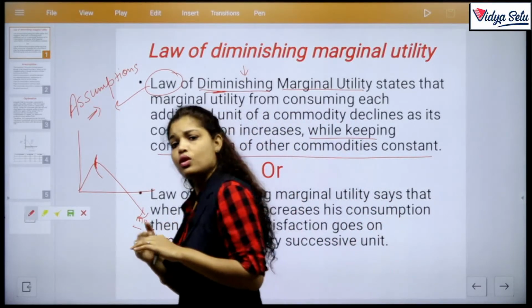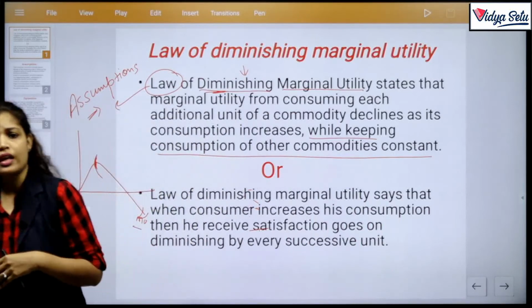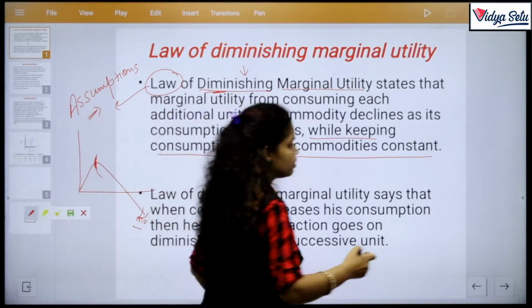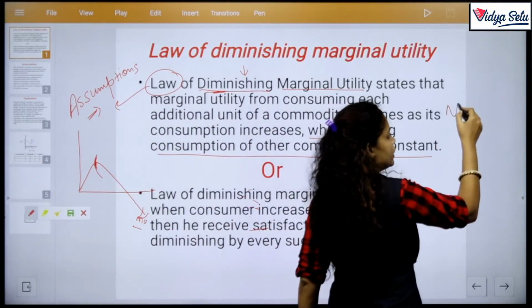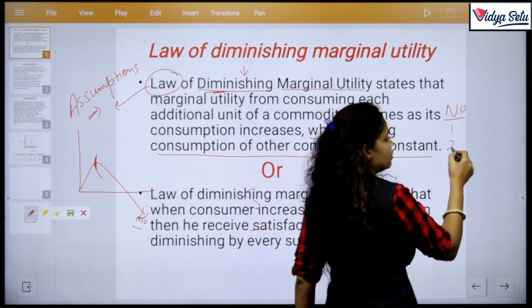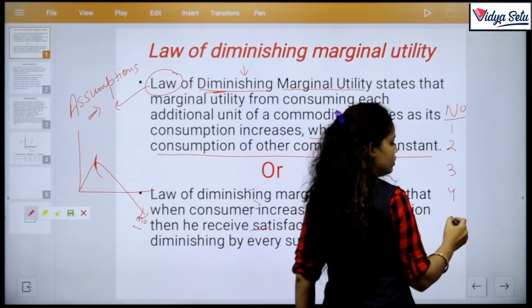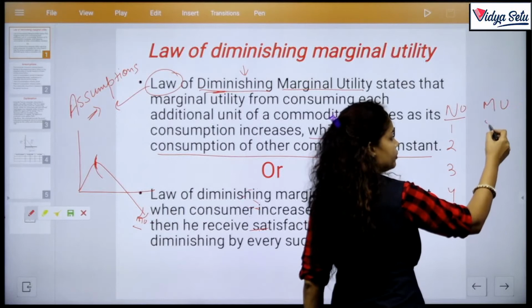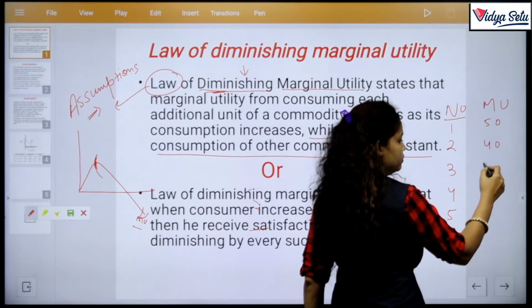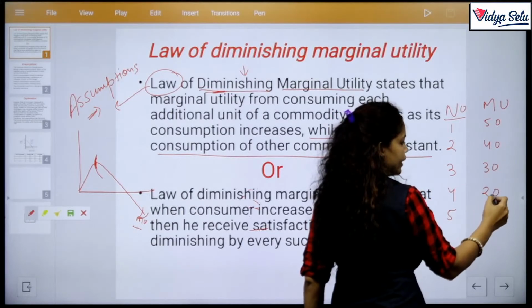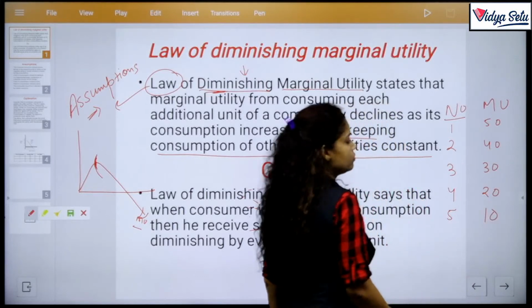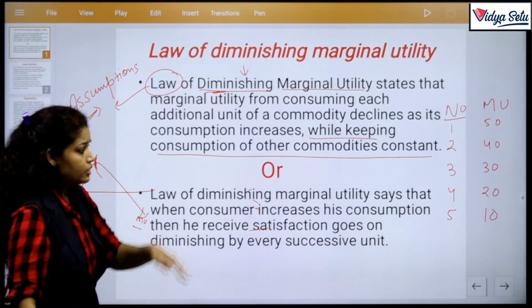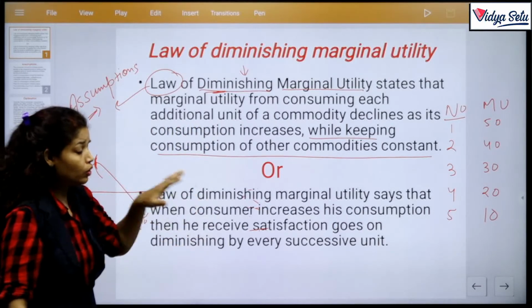Then we draw the table: number of units 1, 2, 3, 4, 5, and MU is 50, 40, 30, 20 and 10. Clear? With every successive unit.